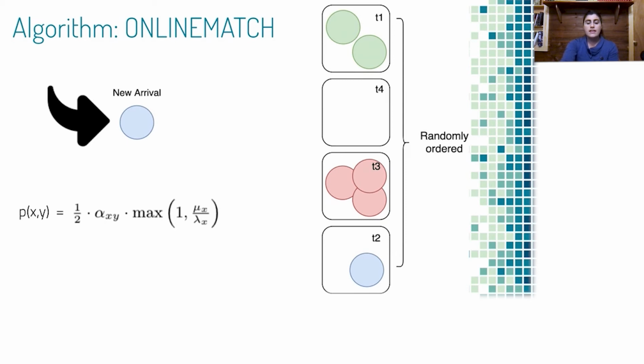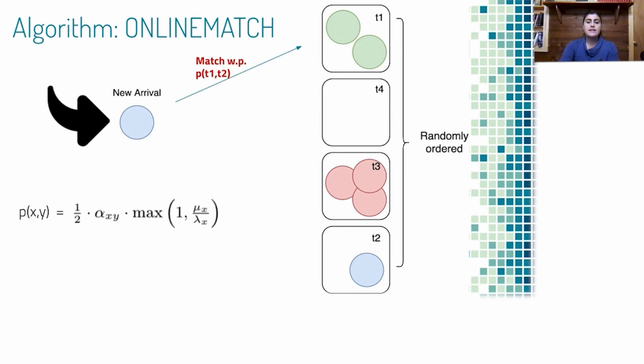And then in that permuted order, we will examine all of the types. So the first thing we do, so now we're examining type T1, is we will match to it if it exists at all. First we check, is it present? In fact, it is. We're going to match with the probability of 1/2 times alpha XY times this max term that I'll describe later. So in this case, we have that X is T1 and Y is T2.